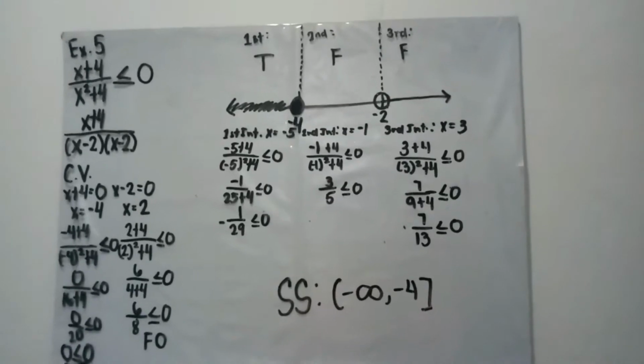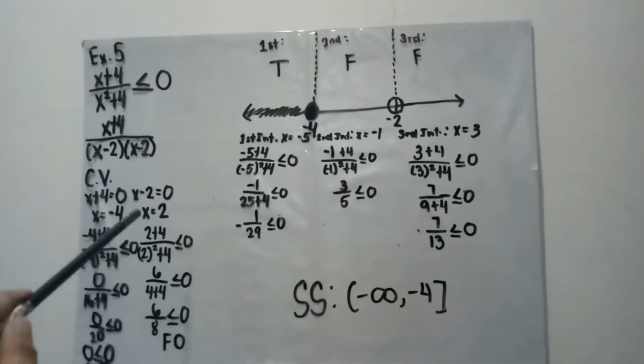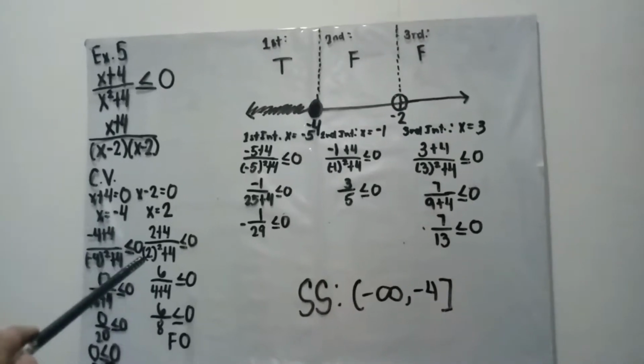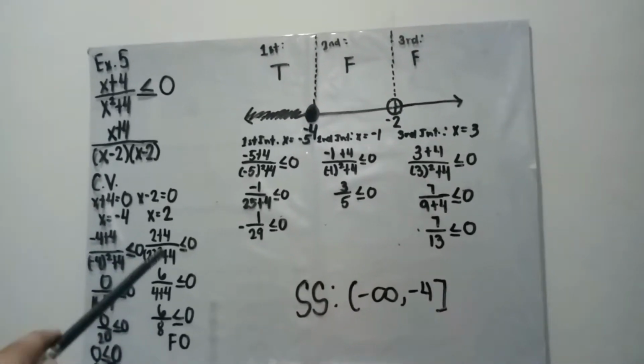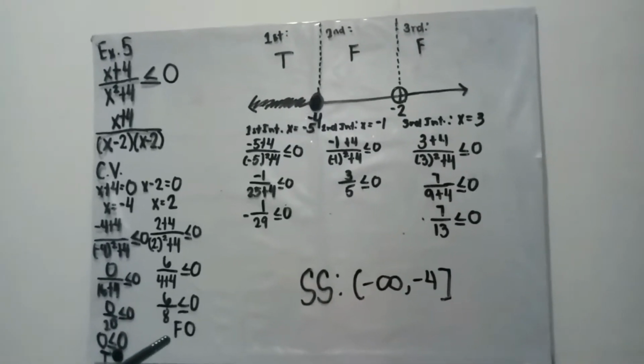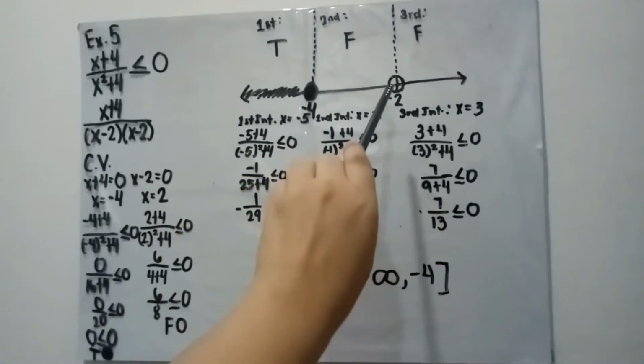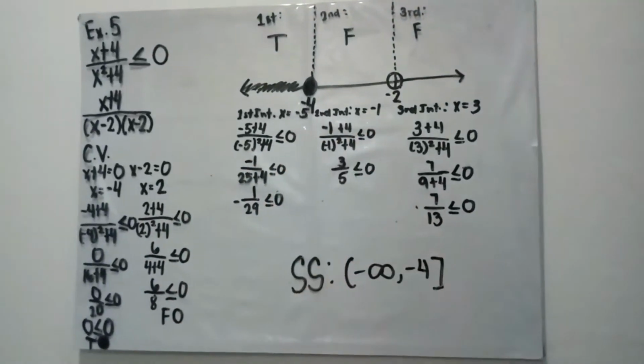Next, is substitute naman natin yung 2. So, x is equals to 2. 2 plus 4 is equals to 6. 2 squared is equals to 4. Plus 4 equals to 8. So, 6 over 8 is less than or equals to 0. False. So, yung circle yan is naka-open lang.